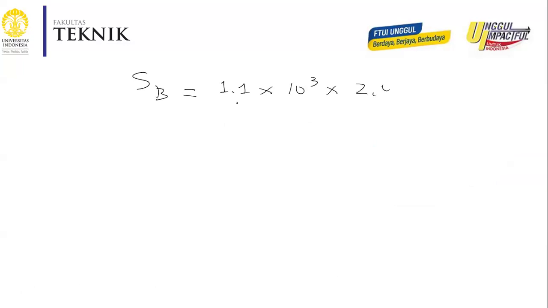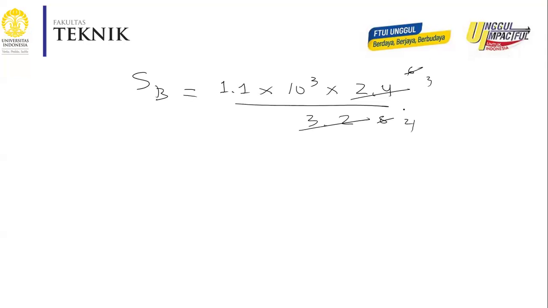2.4 divided by 3.2. So we can divide by 4. This one is 6 and then 8, and then 3 and 4, right? Okay, 3 and 4.